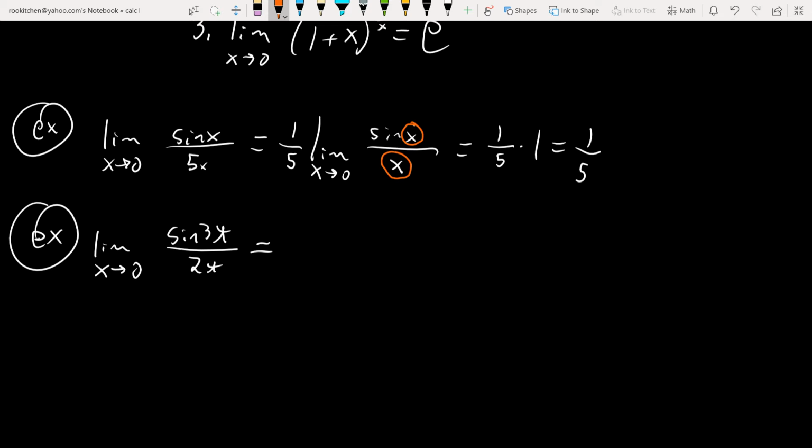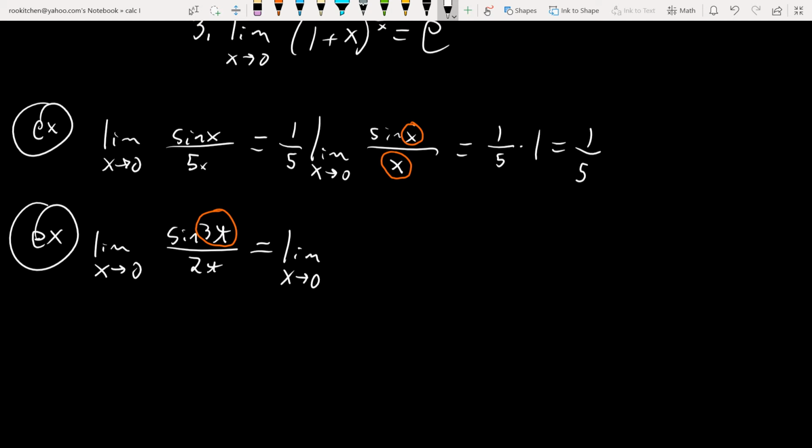Whatever's inside of sine needs to be in the denominator. So if I have a 3t in this sine function, I need 3t in the denominator as well. Okay, so I just need to do a little bit of arithmetic to make that happen. And it's a little tricky, but what it comes down to is multiplying by 1, right?